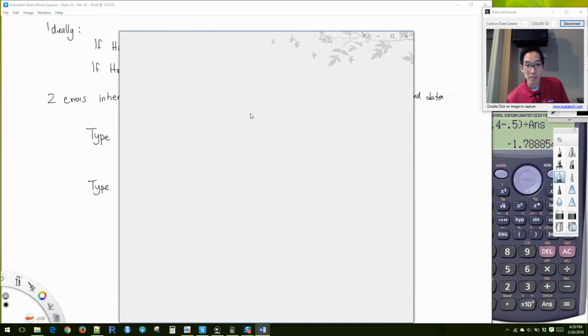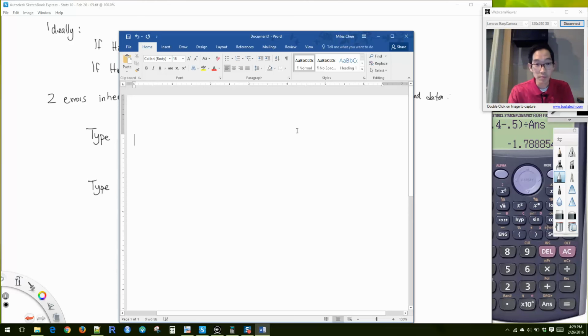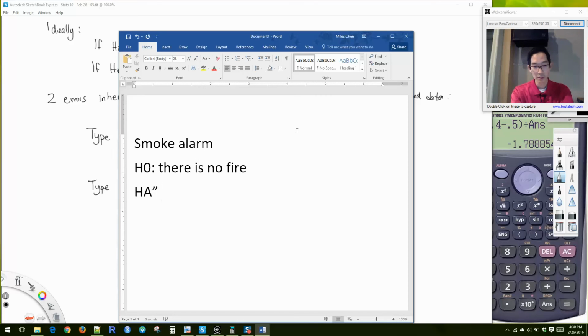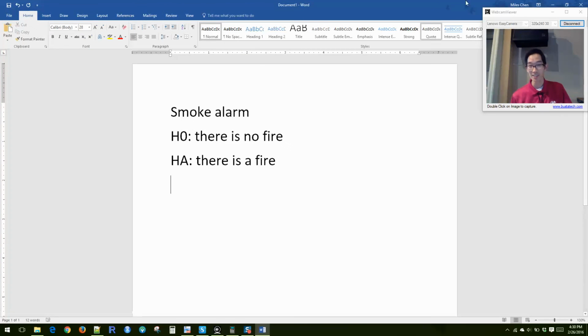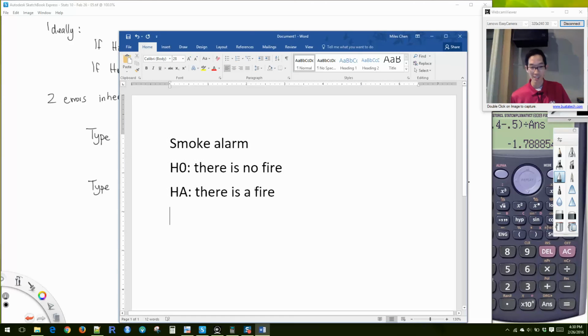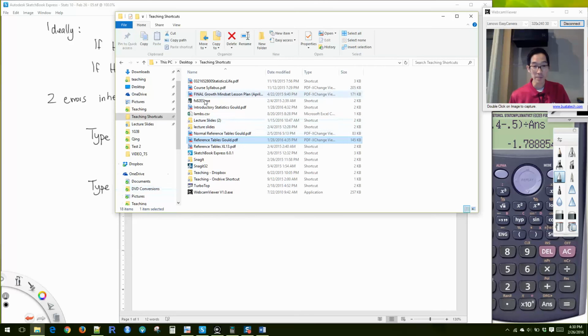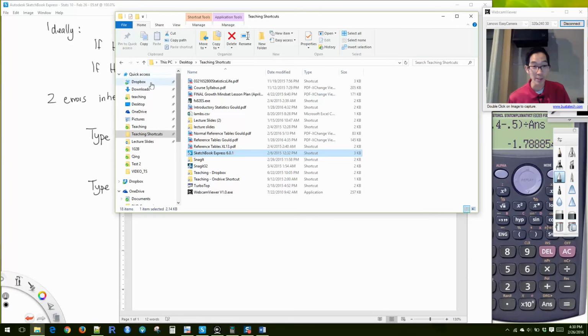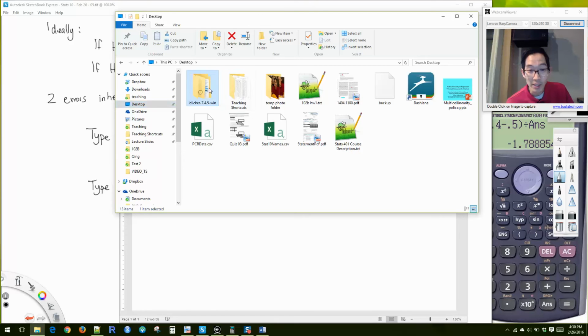Okay, so imagine a smoke alarm. The smoke alarm operates on these hypotheses: in the situation I'm in, there's either no fire or there is a fire. And let me fire up the clicker machine.